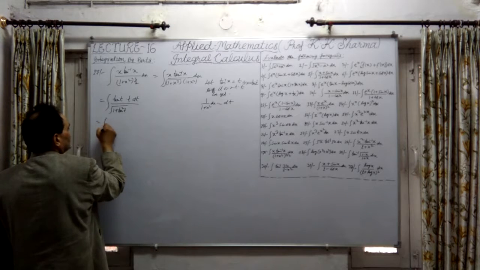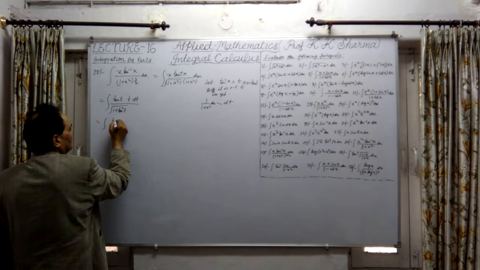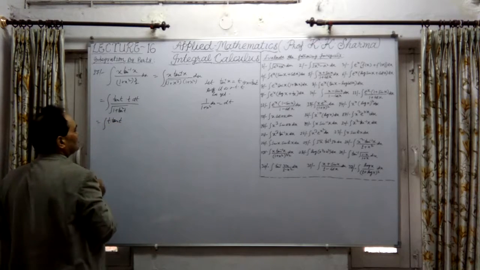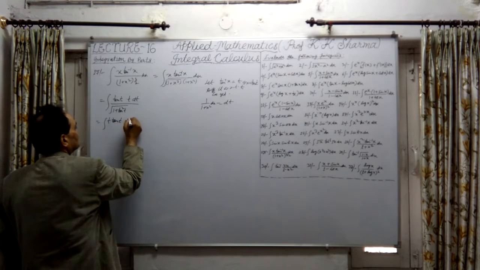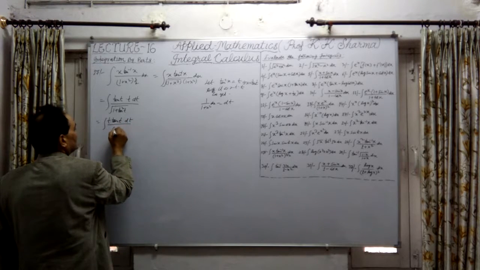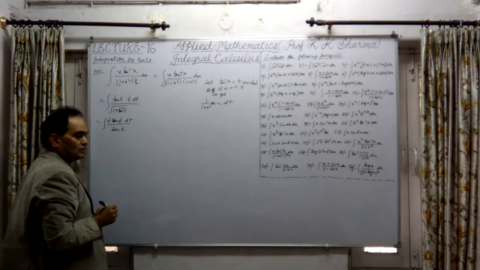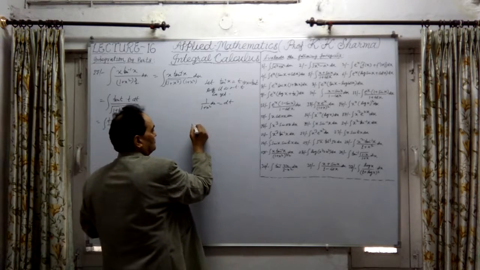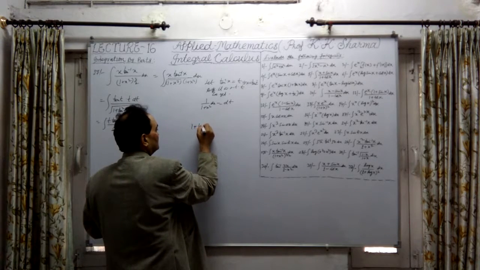Okay, so we will get t into tan t into dt upon sec t. Why? Because 1 plus tan square t, this is 1 plus tan square theta.